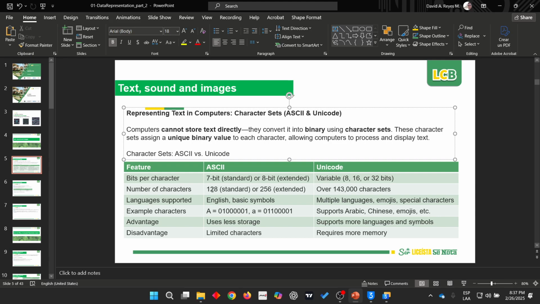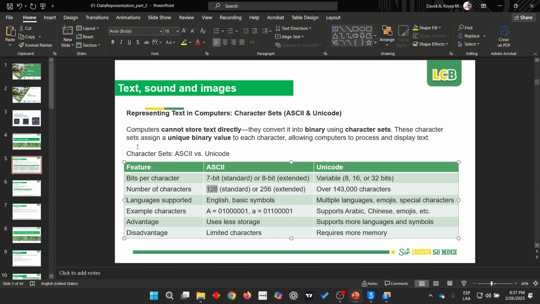With 7 bits, we are going to have 128 characters. But in some cases, it's going to use 8 bits, that means 256 characters. ASCII uses English and basic symbols.